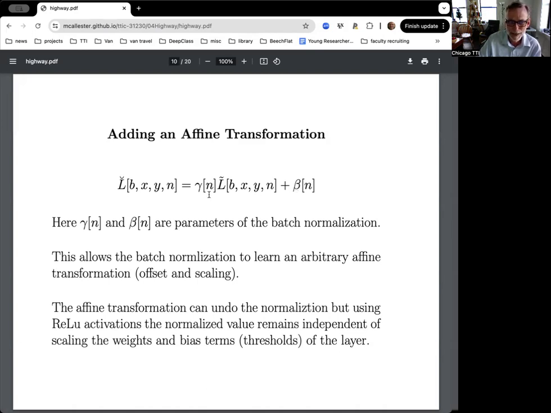The affine layer takes each neuron and scales each use of that neuron by a scale factor gamma, scaling it up or down, and adds a bias term for that neuron. So it's adding back a scaling and a bias at every neuron. The normalization layer got rid of those. It made everything scale 1 and bias 0. But after doing that, we add the scale factor and the bias back, and this could even just undo the normalization.